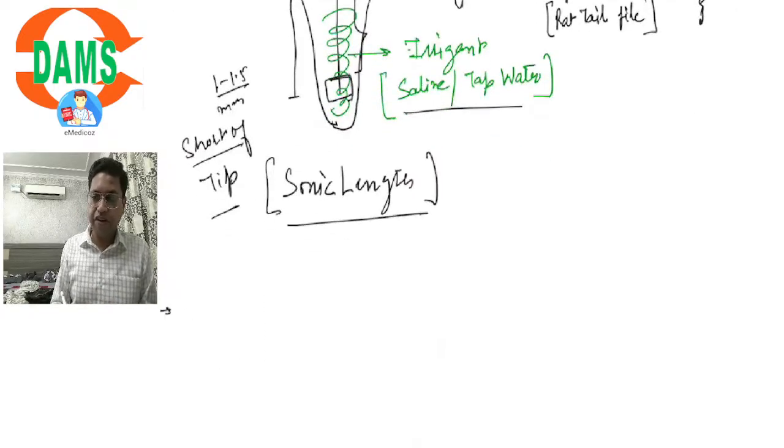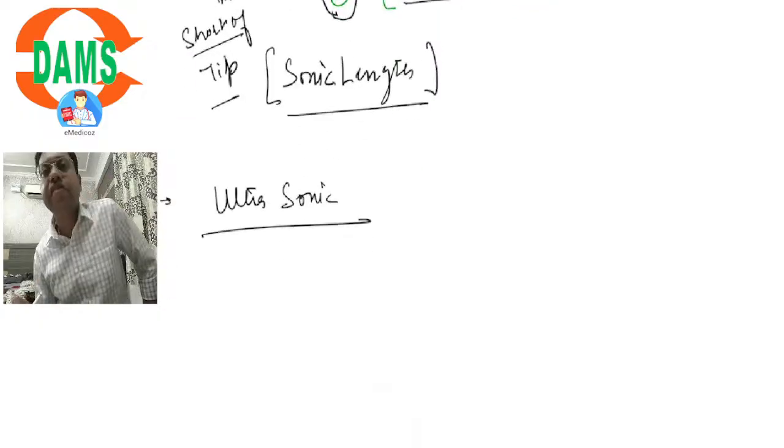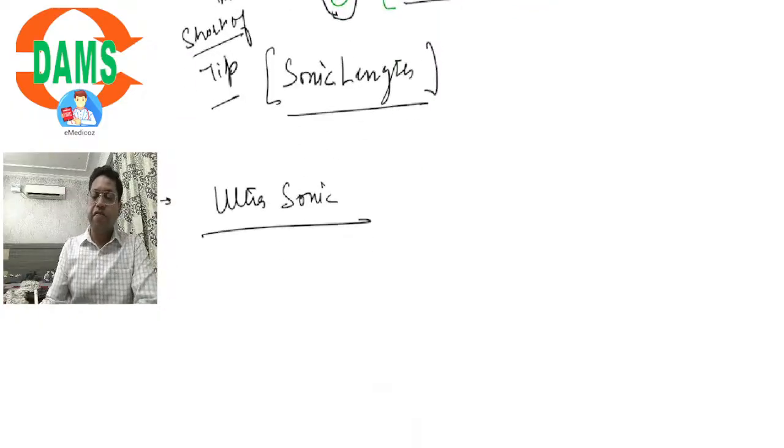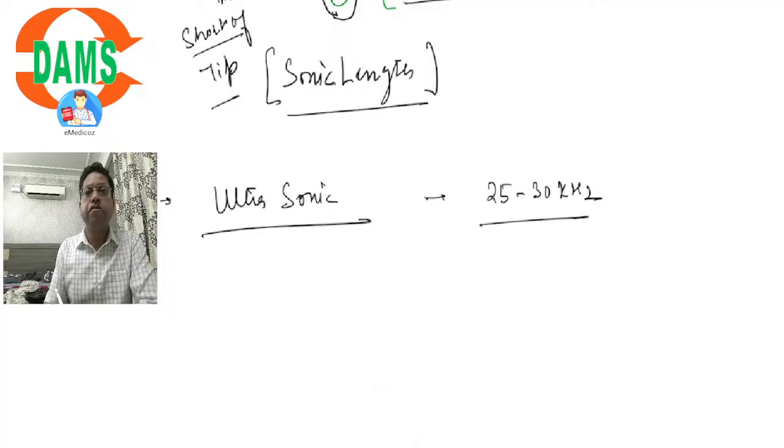Coming over to ultrasonics. These ultrasonic instruments vibrate at ultrasonic frequency, that is 25 to 30 kilohertz, as against 2 to 3 kilohertz for sonic. They again consist of two parts.